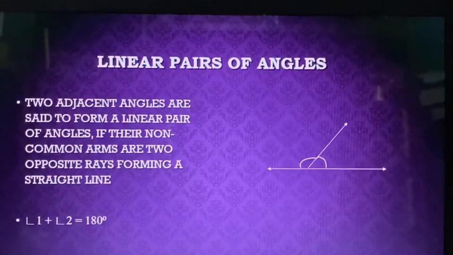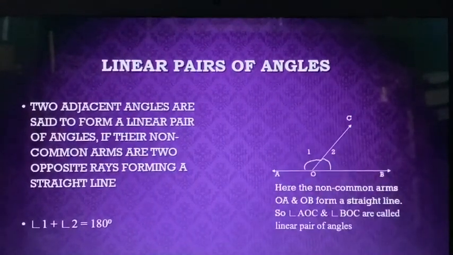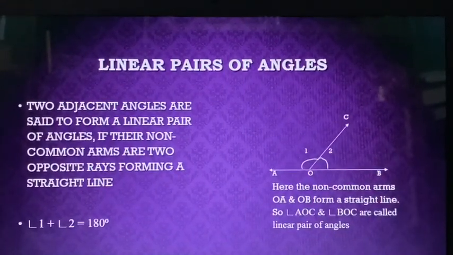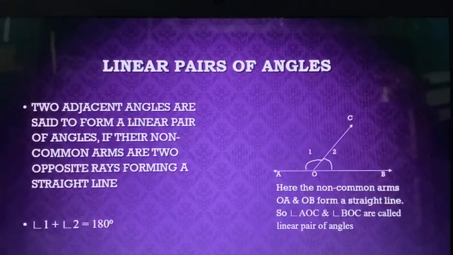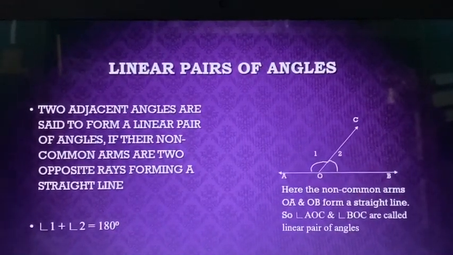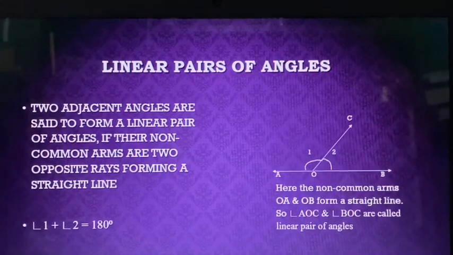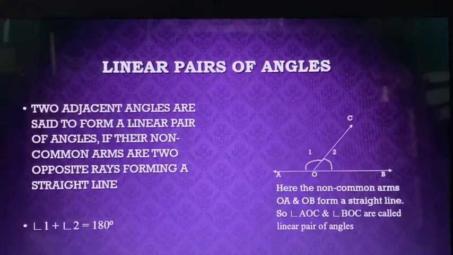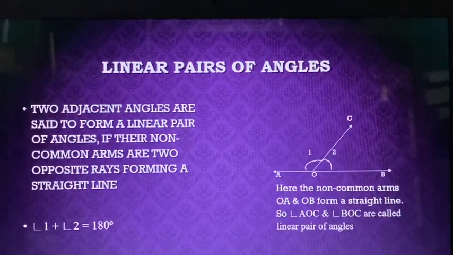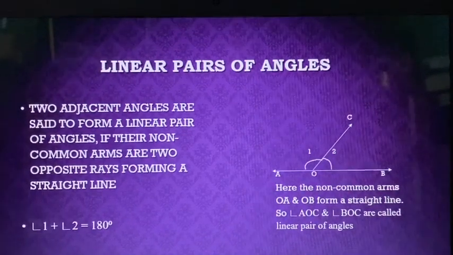Looking at the figure, there are 2 angles, angle AOC and angle BOC, making angle 1 and angle 2. If angle 1 plus angle 2 is equal to 180 degrees, then these 2 angles are called a linear pair of angles.